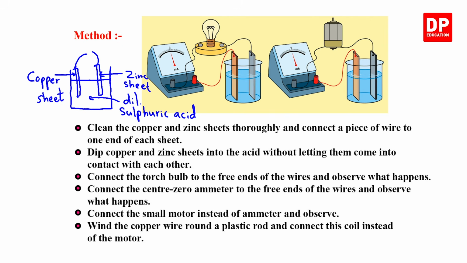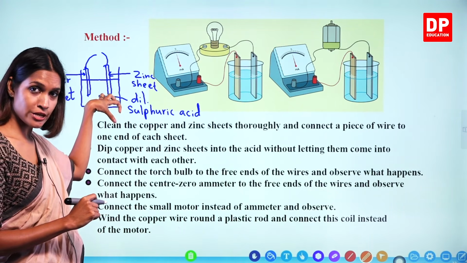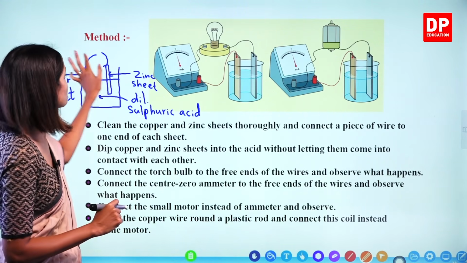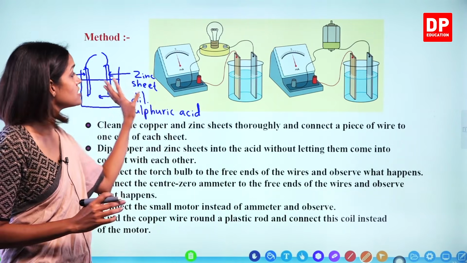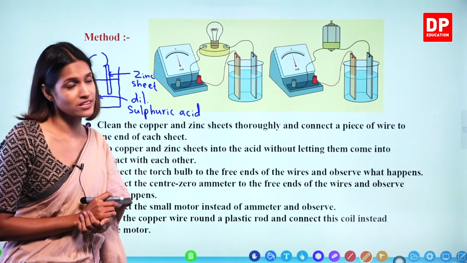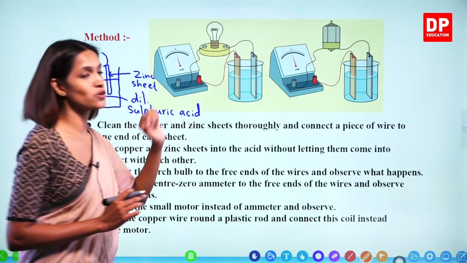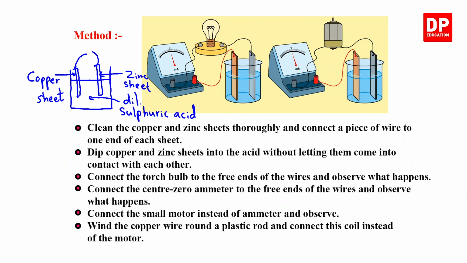Okay, dilute sulfuric acid in a beaker, zinc sheet and copper sheet immersed in this dilute sulfuric acid, and you can connect different components between these pieces of wire and observe what happens. This is what we are going to do in this experiment, right? So these are the ways that you can connect them. Clean the copper sheet and zinc sheet thoroughly and connect a piece of wire to one end of each sheet.